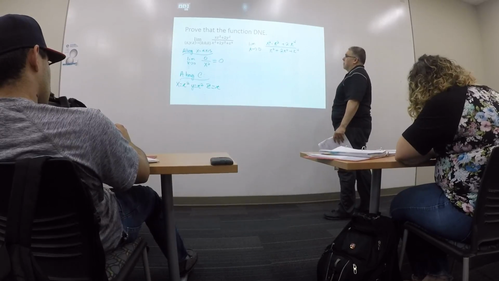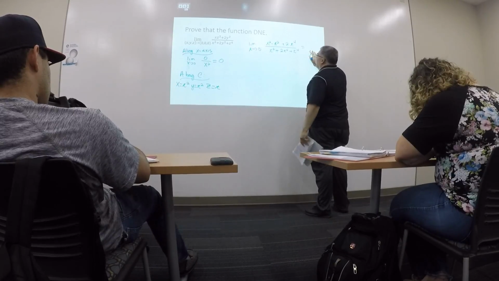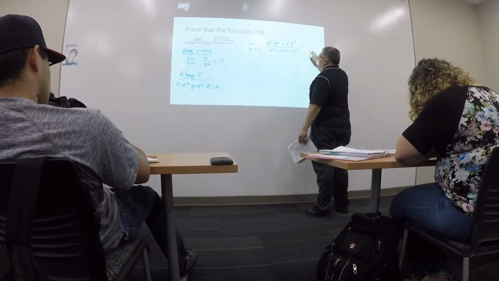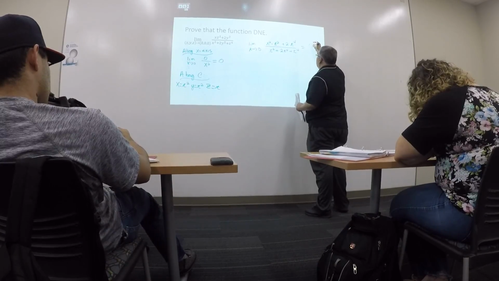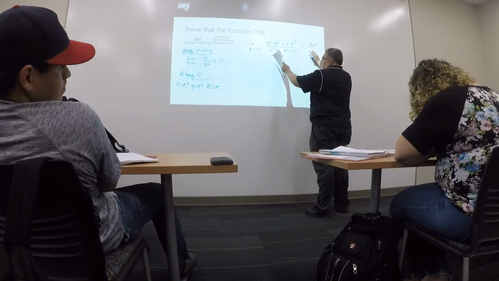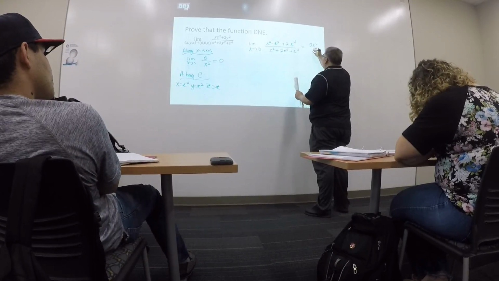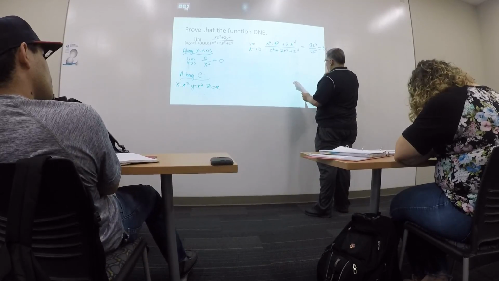So that's going to give me 3 T to the 4th on top. And the bottom, 1 plus 2 is 3, plus 1 is 4, so 4 T to the 4th. It gives me 3/4.